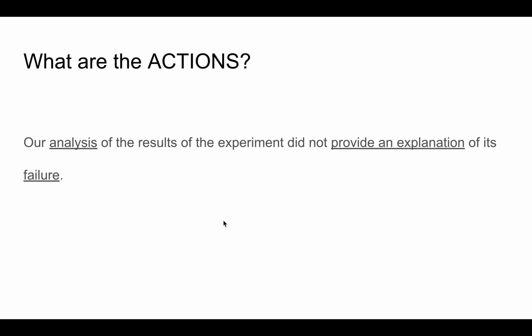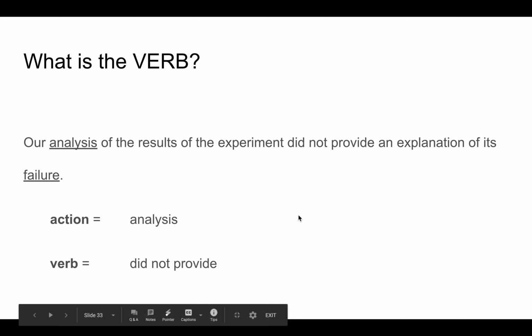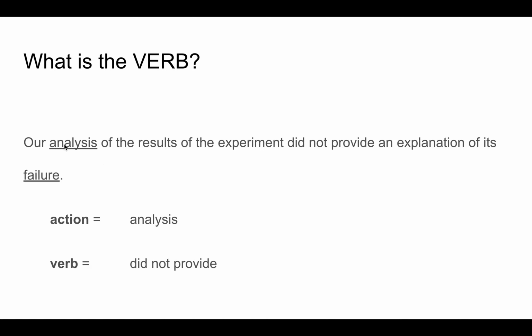Oops. What's the verb? If these are the actions, right, what's the verb of the sentence? You may have already seen it because I kind of gave it away. It's did not provide. So the action, one of the actions, at least in the beginning, is analysis, but the verb of our sentence, okay, is did not provide.